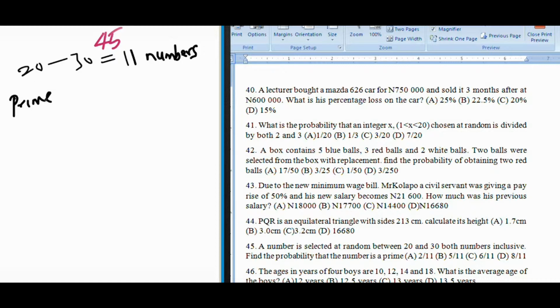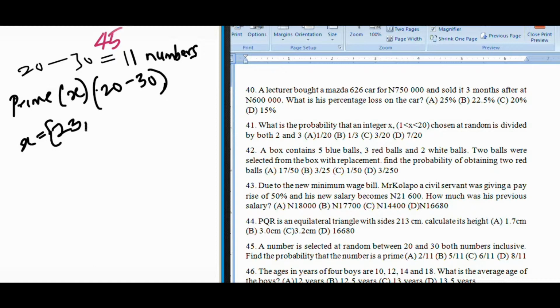If x is a prime number from 20 to 30, then the set of x will be equal to 23, 29.